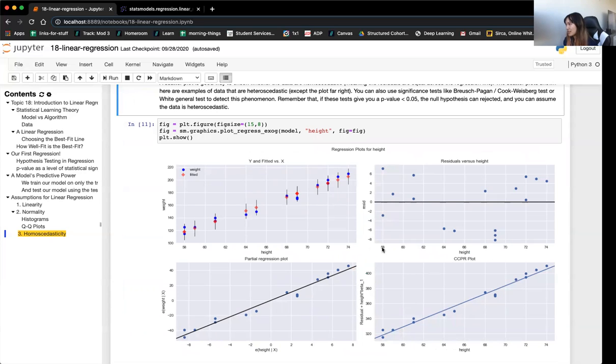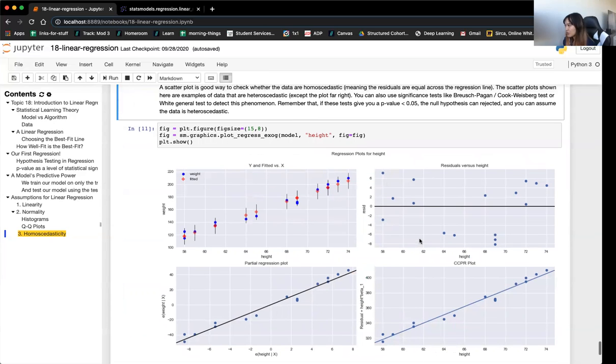So here you can see that this is height here, and these are your residuals. Because there are so few data points, it's not as clear, but ideally you want to see all of your points looking sort of like here, pretty evenly around this horizontal line.